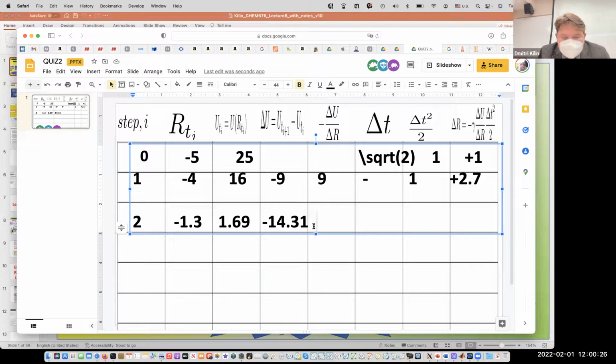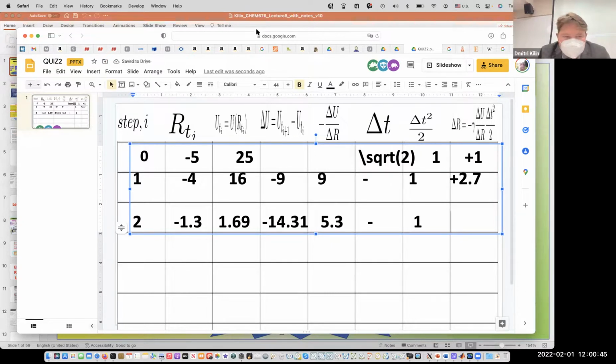Plus or minus? Plus. 5.3. Okay. Then delta t is the same. Delta t squared over 2 is the same.